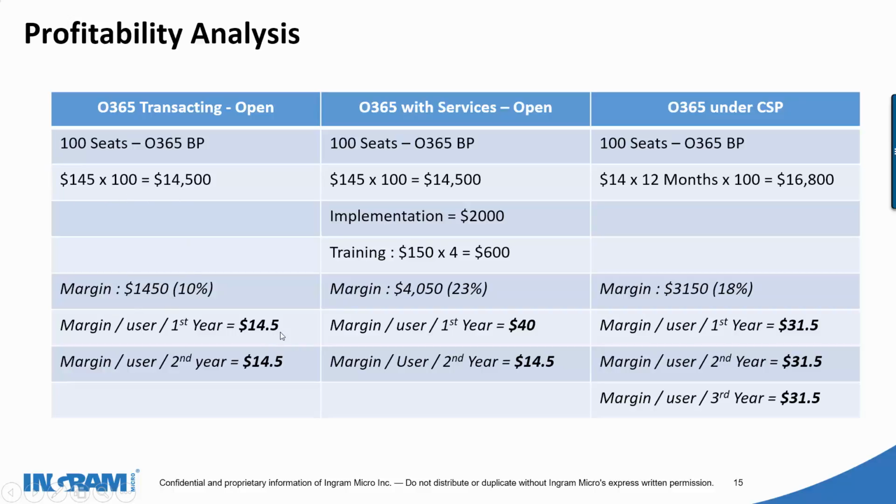So your effective margin is about $14.5 per user per year, and it will be there if you are able to get the renewals done from the same customer.